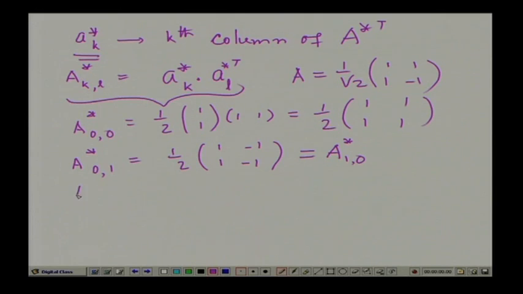Similarly, A 1 1, the 1 1th basis image, will come out to be half into 1 minus 1 minus 1 minus 1. So, simply by matrix multiplication operations, we can compute these basis images from the columns of A conjugate transpose.